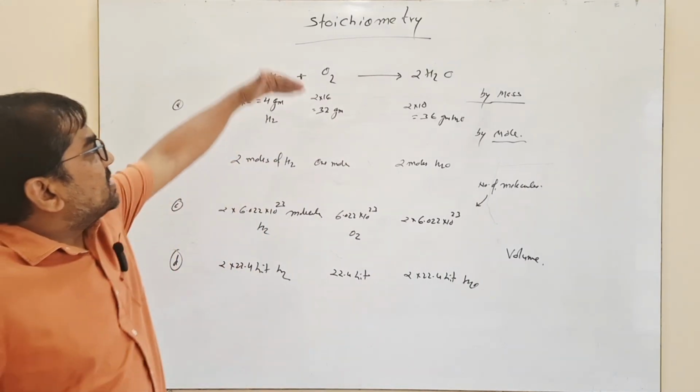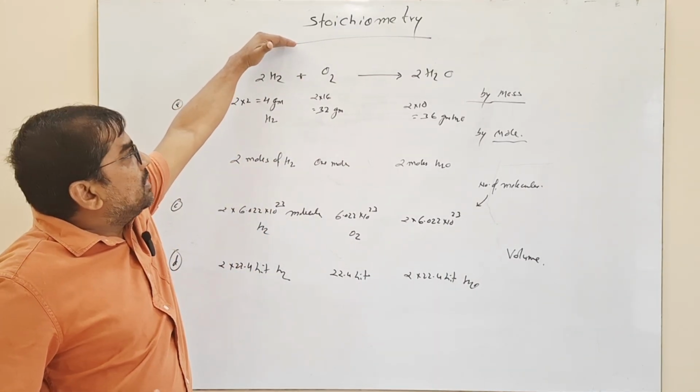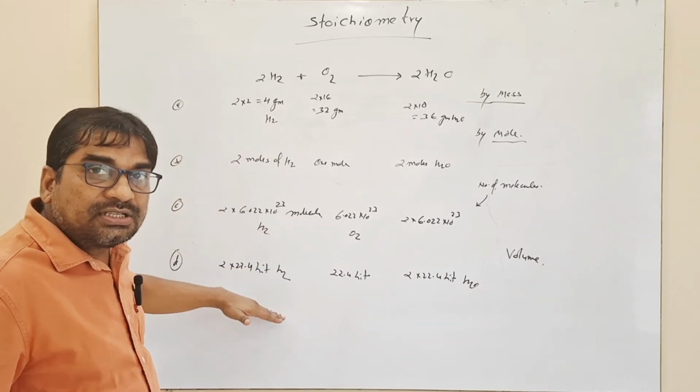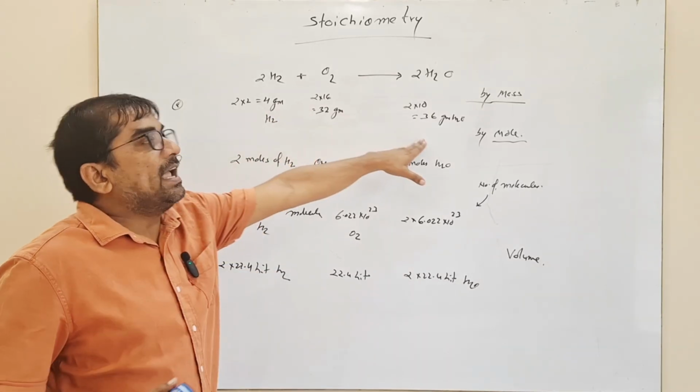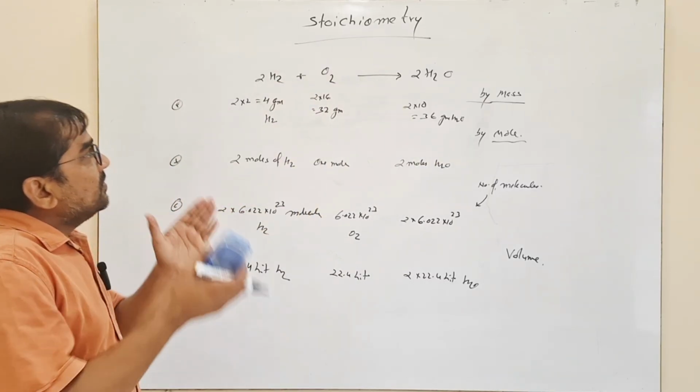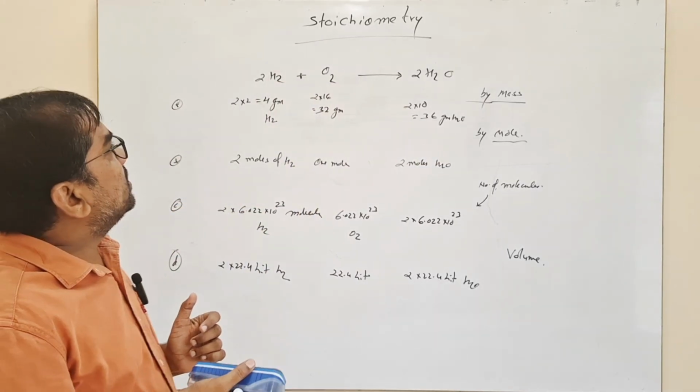So, what is stoichiometry? Stoichiometry is the quantitative relationship between reactants and products in a balanced chemical reaction. What is the definition of stoichiometry?